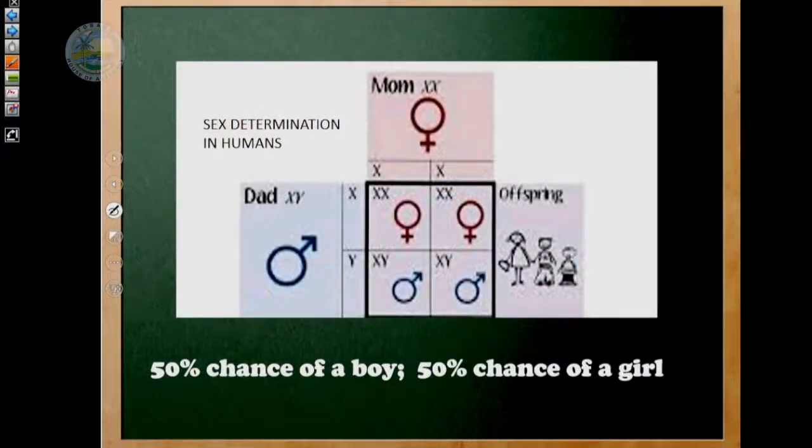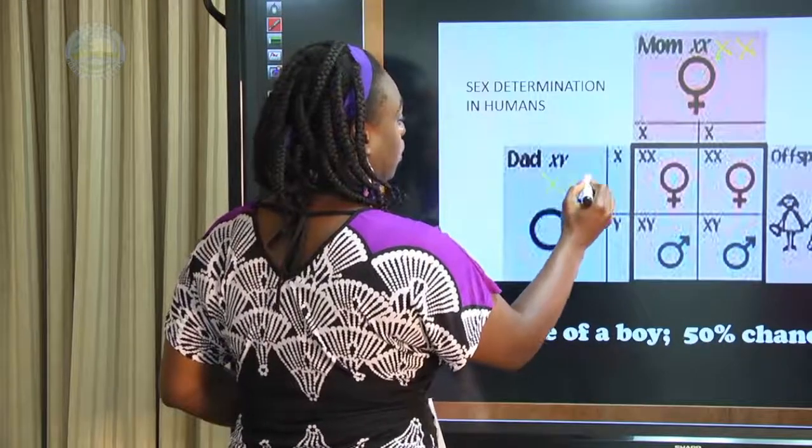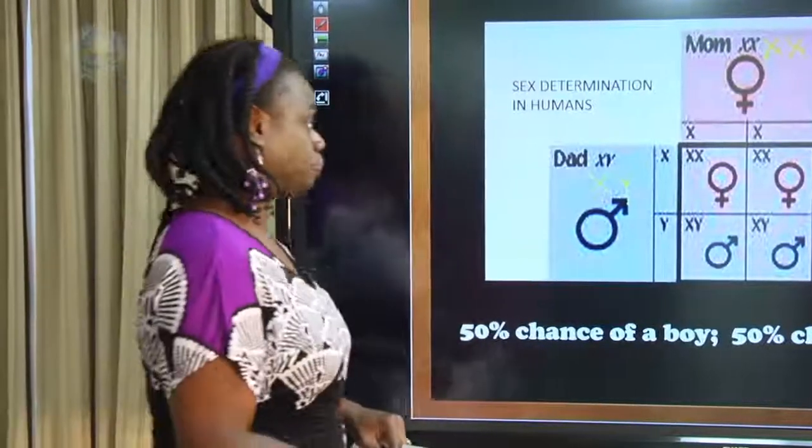Now, in terms of sex determination, this is how we work it out. Let us assume that we have a union between a man and a woman. So the woman has XX chromosomes because naturally she's a woman and she has 2 X chromosomes. The man is XY, so he has X and Y chromosomes.